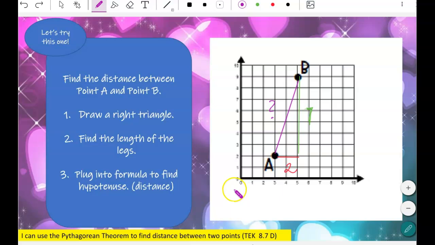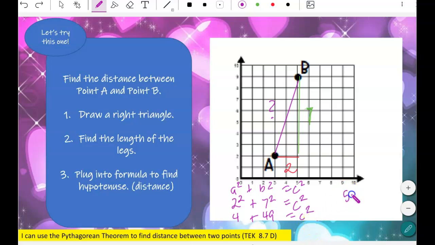So if we use the Pythagorean theorem, we're going to do A squared plus B squared is equal to C squared. So I'm going to do 2 squared plus 7 squared is equal to C squared. 2 squared is 4, 7 squared is 49, and 4 plus 49 is 53.